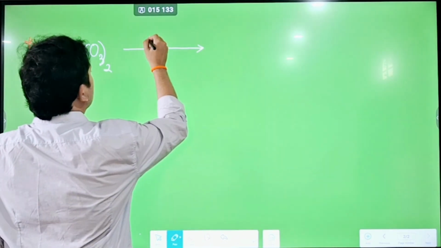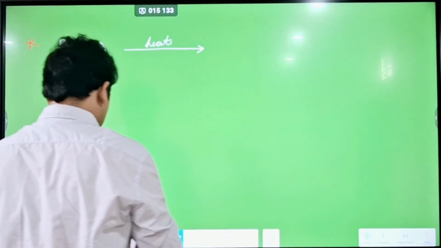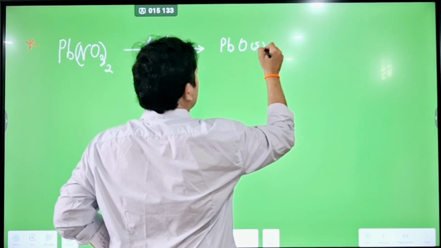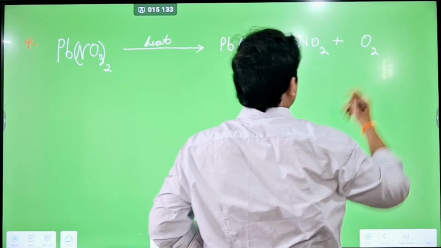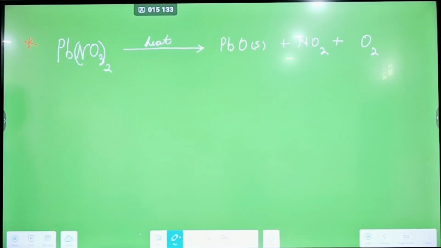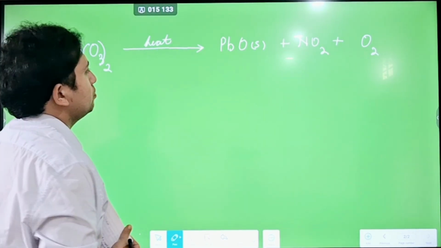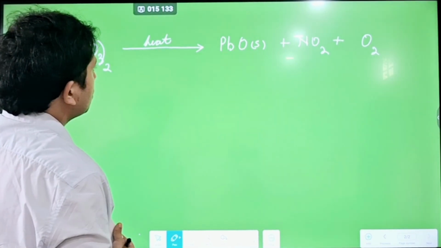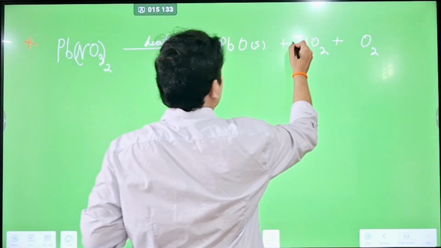Okay, let us move forward with the reaction. Again, in the presence of heat this reaction will undergo decomposition. This will form PbO, which is a solid, plus nitrogen dioxide plus oxygen. So we have to balance this reaction. There will be a 2 and there will be a 4 here.